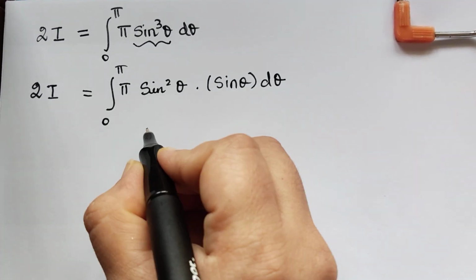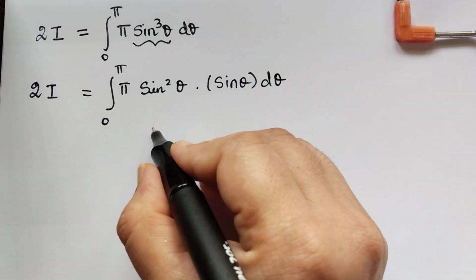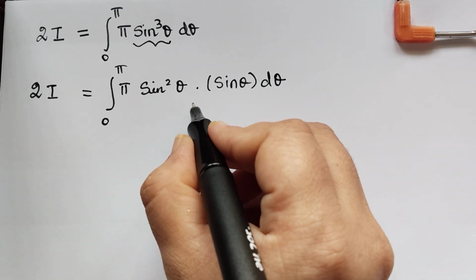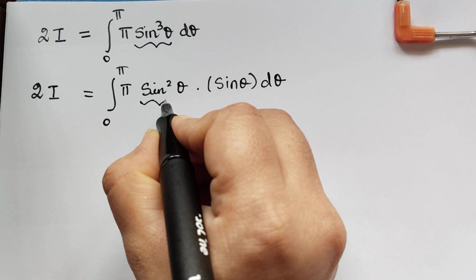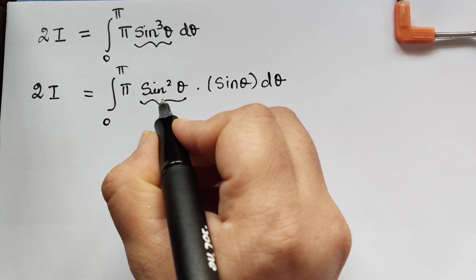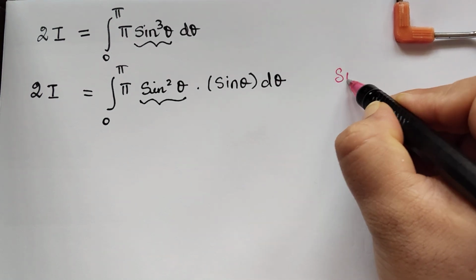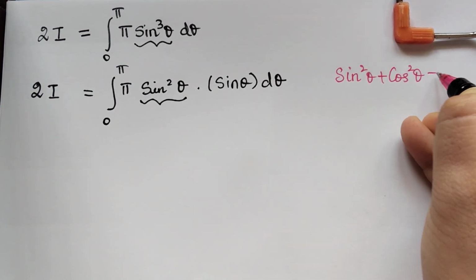Why have I done like this? Because I need cos in this integral in order to make substitution, so that we can solve this integral by the substitution method. How can I bring in that cos? We know that sine squared theta is equal to 1 minus cos squared theta, because sine squared theta plus cos squared theta equals 1.